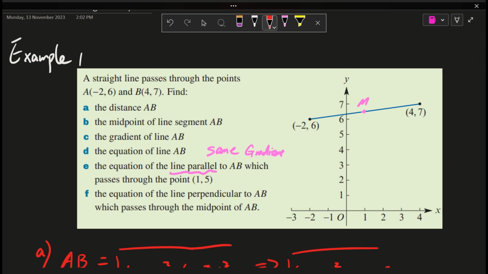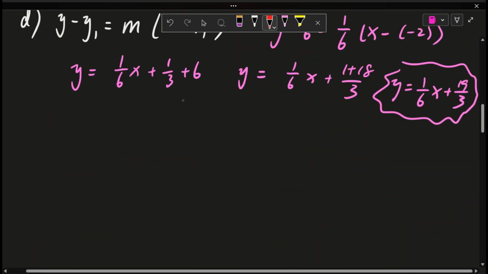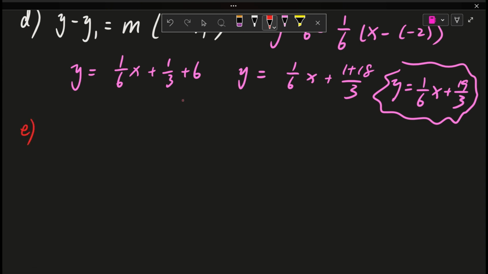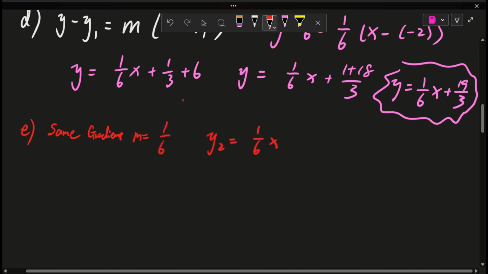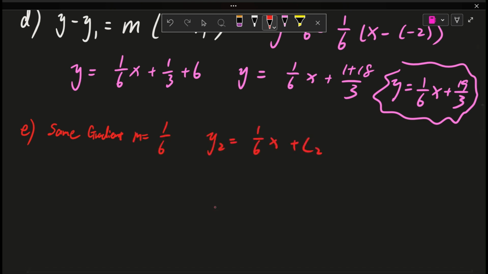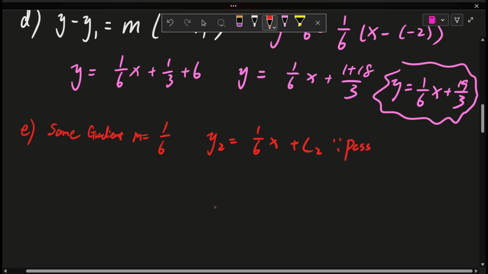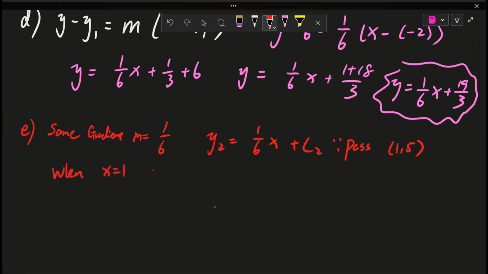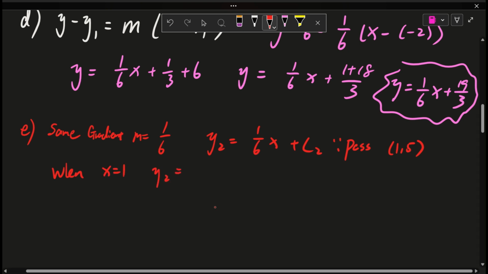So let's start by writing down the same gradient first, which is equal to 1 over 6. And that means y2 equals 1 over 6x plus c2. Because the line passes through the point (1, 5), when x equals 1, y2 equals 5.